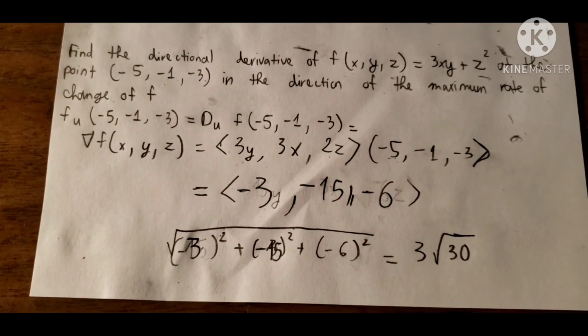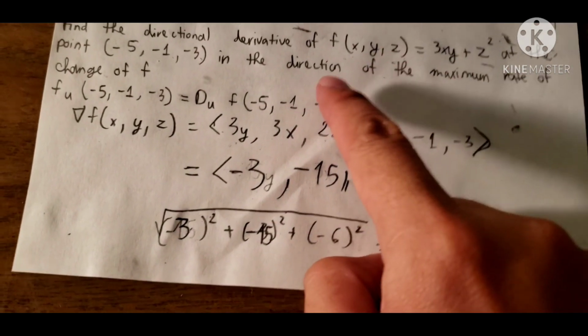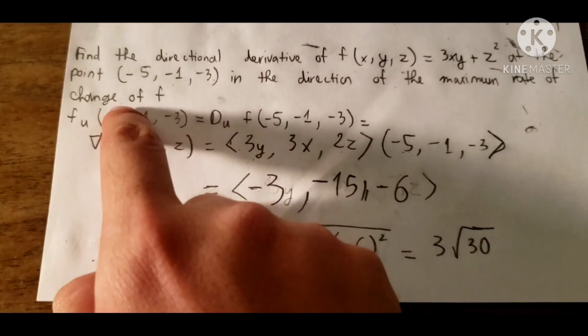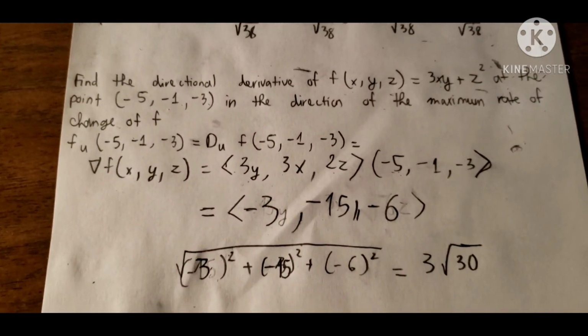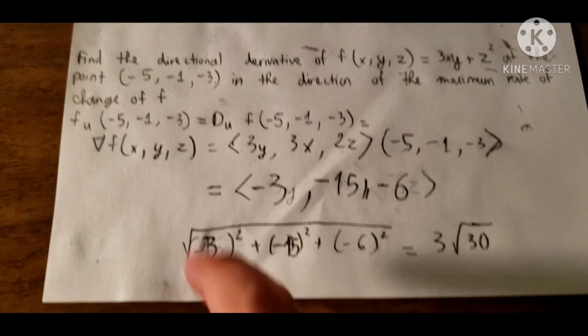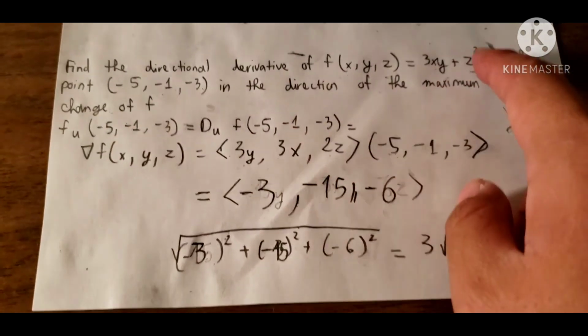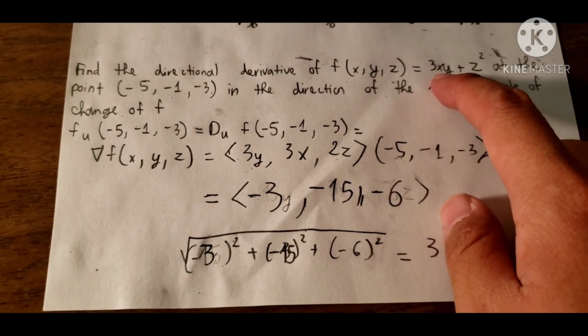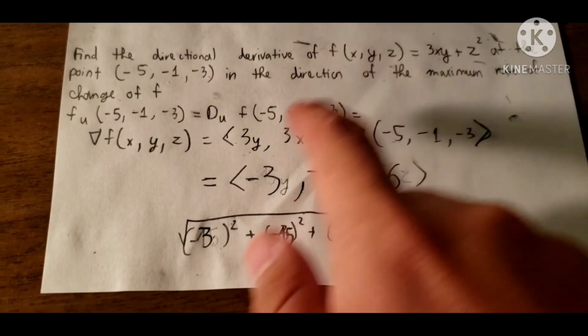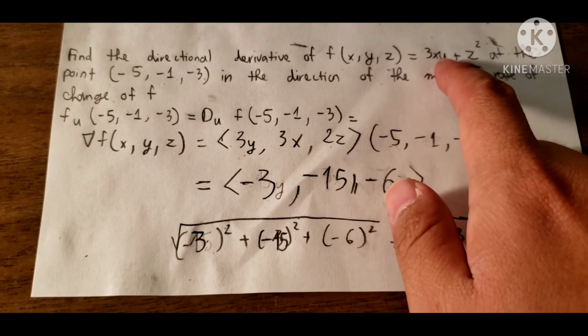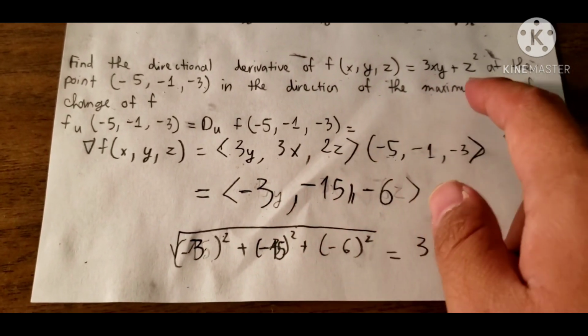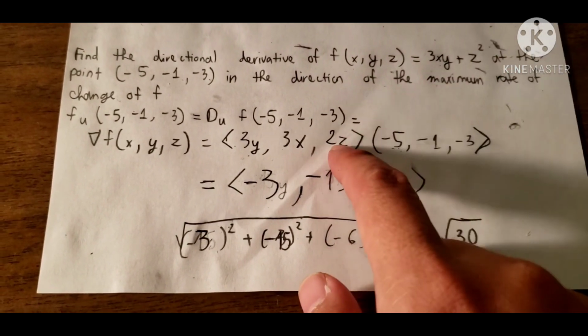The next question asks about the direction of maximum rate of change of the function. First, we need to find the gradient of the function by the first derivatives. First derivative with respect to x gives 3y. With respect to y gives 3x. With respect to z gives 2z.